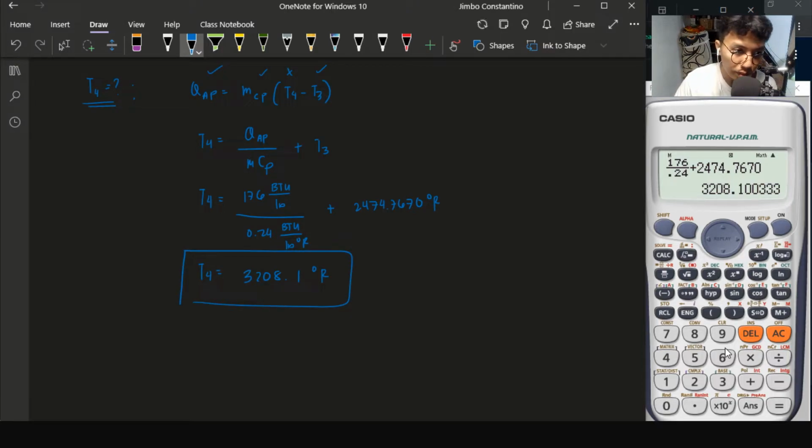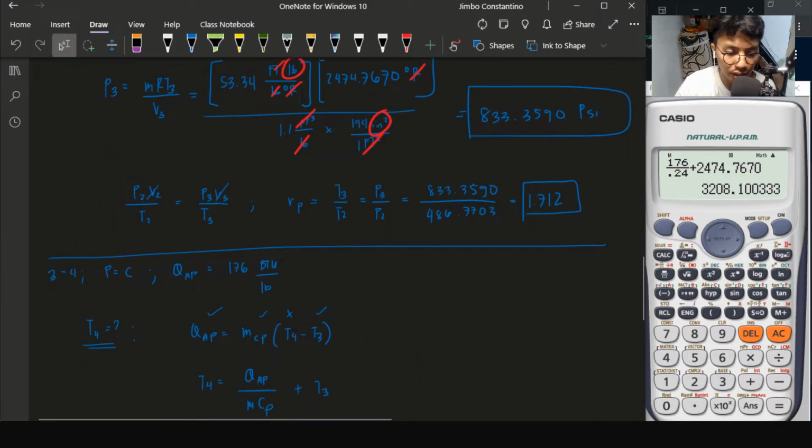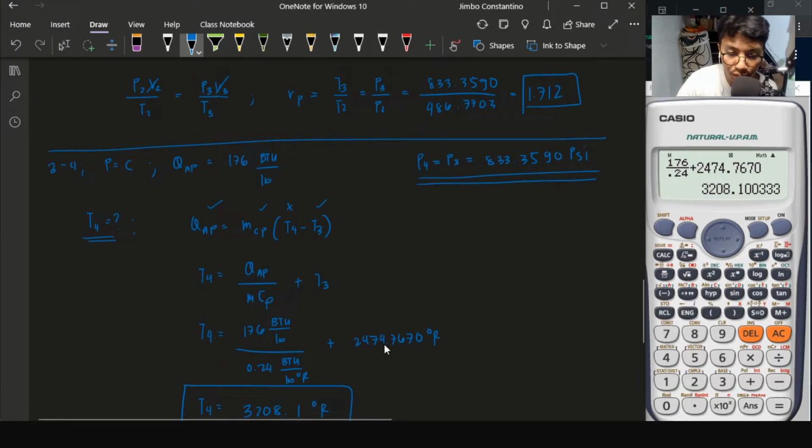Do we already have V4? Here. Let's say P4 is equal to P3. That is 833.3590 PSI. We have its value. So, we can get the value of V4. V4 is equal to MRT4 over P4.